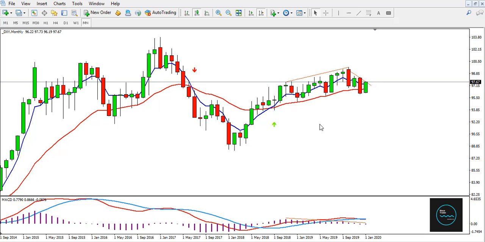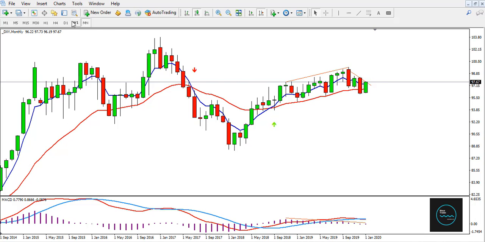So this is just an early sign. We need a convincing cross of the EMAs, because I can see that the MACD has crossed, giving us a dead cross here as well. So we need a convincing cross on the EMAs on the monthly chart for us to be sure if the trend direction is set for south.